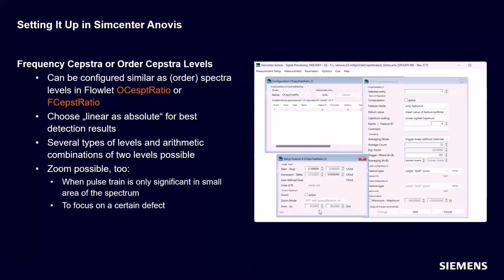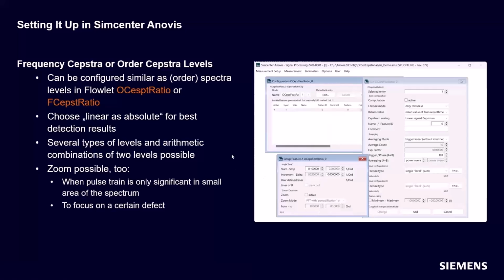So we do this both in order and frequency domain, but 99% of all applications are in the order domain, of course. Also here, choose linear as absolute, and you can use a zoom if you know in advance where you have to look in the spectrum. And here you also can set minimum, maximum limits so that we can define metrics quite conveniently.